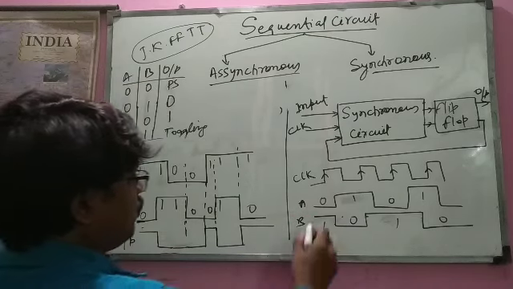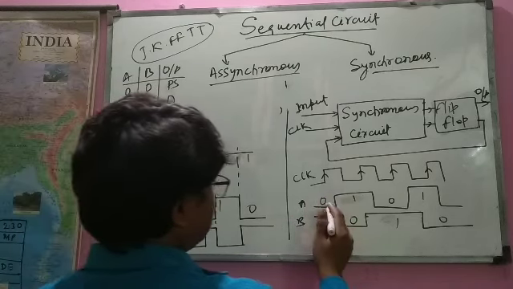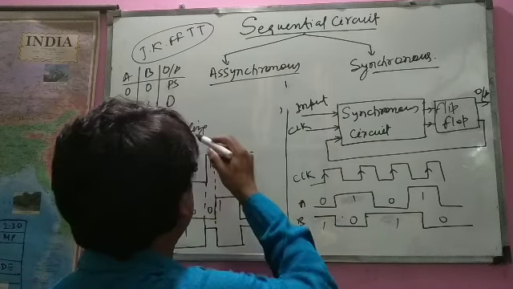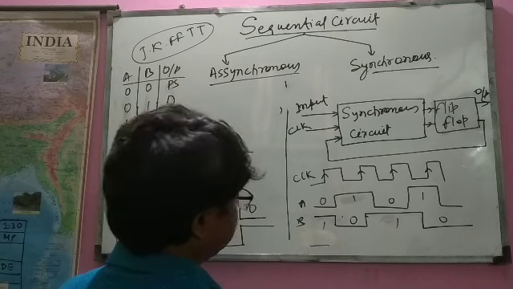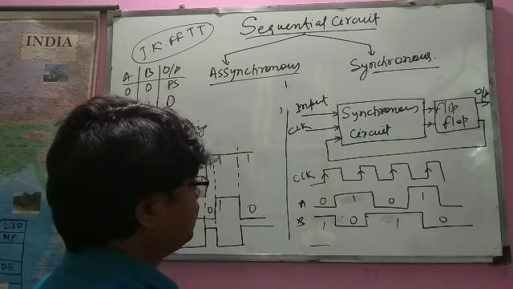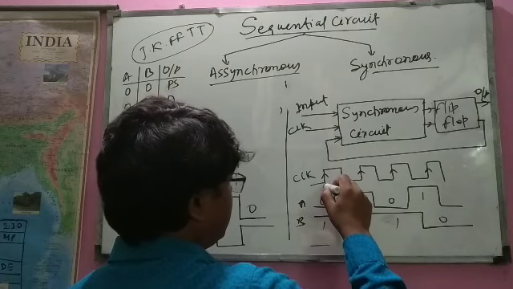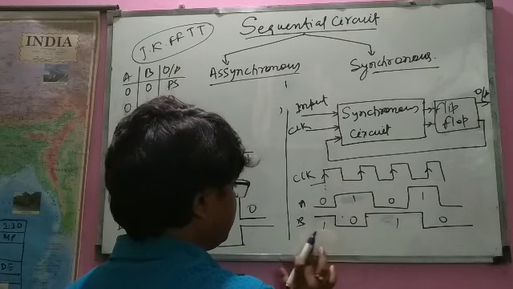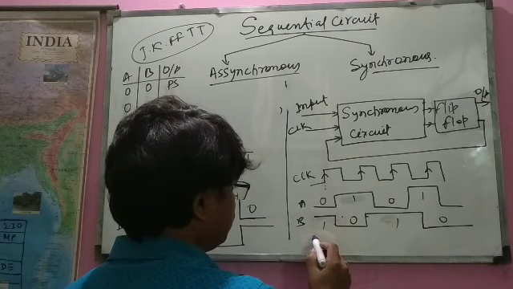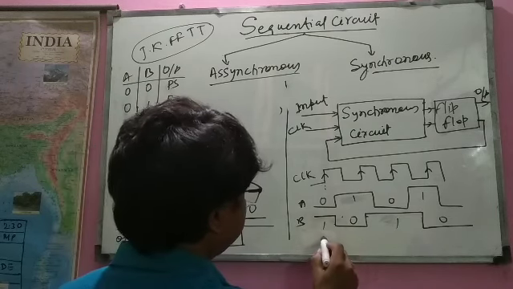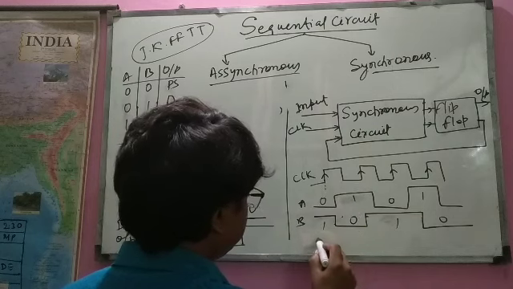Okay, so let us suppose its previous output was 0. Let us assume something, or let us suppose its output was, so this is the case now, 1 0. So this is your 1.